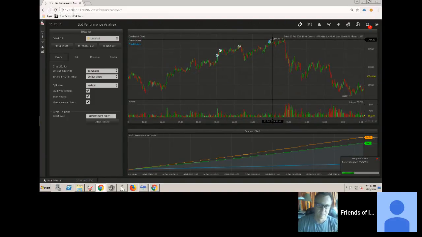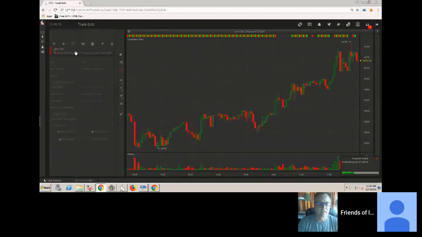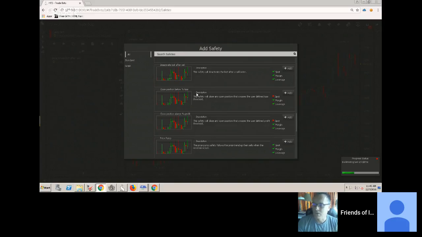So if we have a working stop loss, now, if you don't mind, put in that particular safety. I recall adding it, and it's not as effective as close position below percent loss.